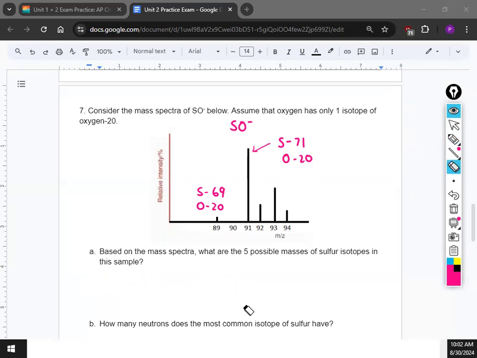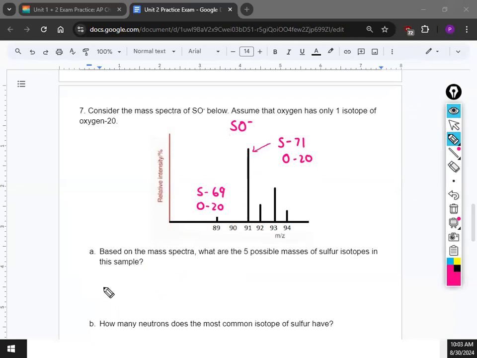And if you take a look at part B, it's asking how many neutrons does the most common isotope of sulfur have? Well, if you take a look at our mass spectra, we have a bunch of different bars, right? The tallest bar is the most common one. So this tallest bar tells us the most common isotope, but this is talking about SO minus.